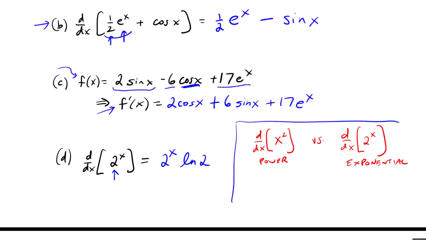The number is in the base and the x is in the exponent. These are very different functions and have very different rules for taking the derivative. We've seen that this would be that power rule, so 2x to the 1, or just 2x. And now we've just seen that this would be 2 to the x ln 2. Okay, so we have to understand, especially if we're going to be using these rules, that what type of function it is matters a lot. And so we have to be applying the correct rule for that type.